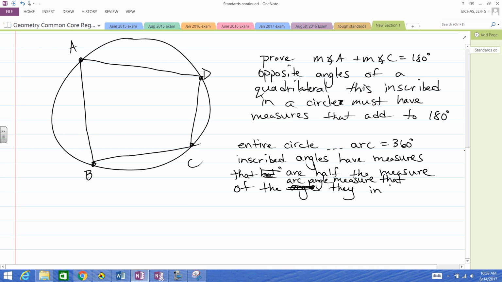They intercept. Okay, so that's the concept right here.